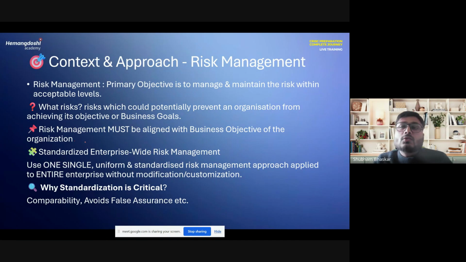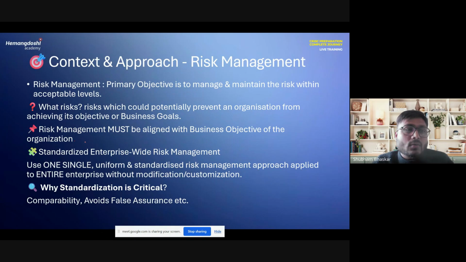Now, when you say risk management, a lot of questions can arise. Risk management for what? For one department, for 2 departments, for all the departments? How are we going to manage the risk? Show me the picture. Well, the bigger picture is that when we do risk management, we do it for the entire organization. It doesn't work in isolation.